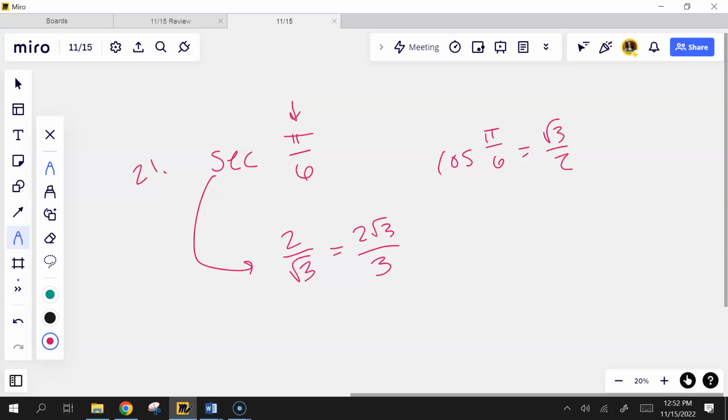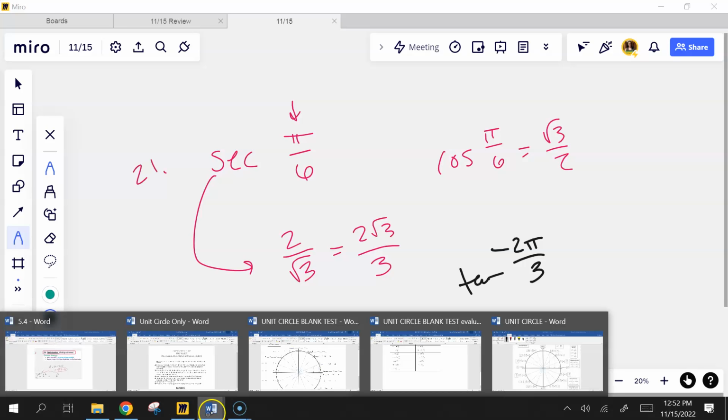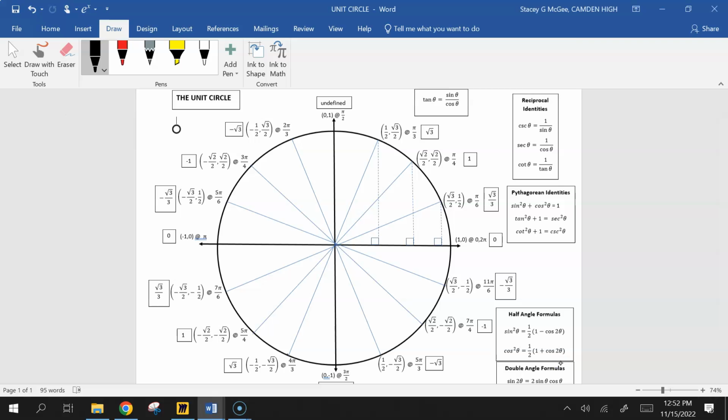What is the tangent of negative 2 pi divided by 3? And sine's the y, right? So 2 pi over 3 this way is 1 click past 90 degrees, right? So I'm going to go the opposite way. 1 click past there, so I'm here. So tangent is square root of 3.